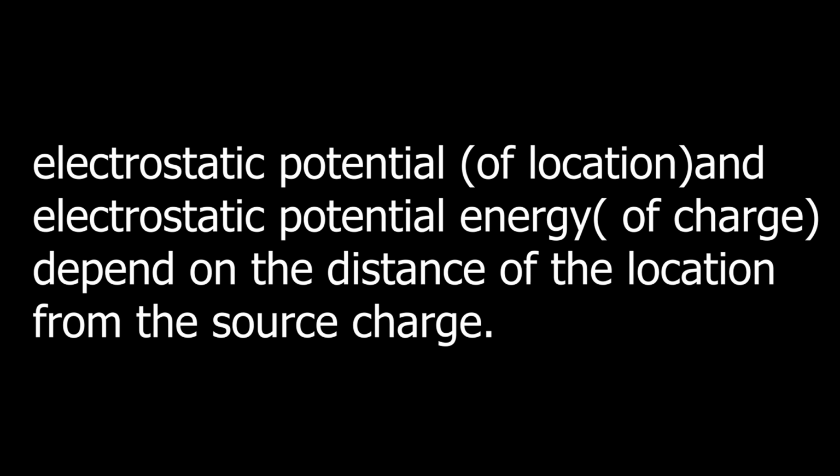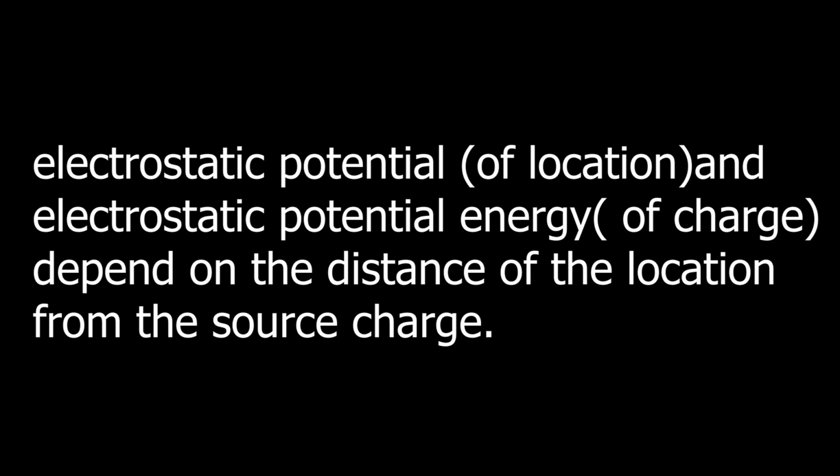So there are two terms used: electrical potential energy of the charge and electrostatic potential of location. Both these quantities change from place to place. It is not at all difficult to understand or differentiate these two terms. The only thing is you have to follow the class thoroughly without skipping.